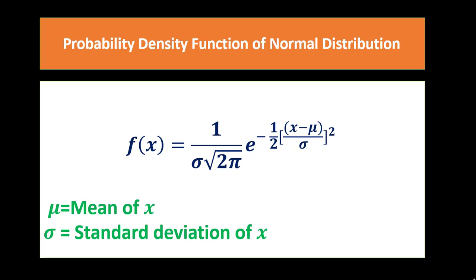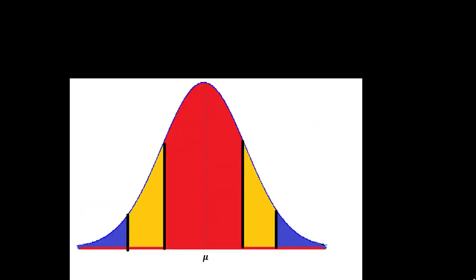This equation might seem very complex to you, but you don't need to memorize it because almost all researchers use the normal distribution table for the calculation of probability. We are not going to use this equation for the calculation of probability. This is just shown here for reference purposes.